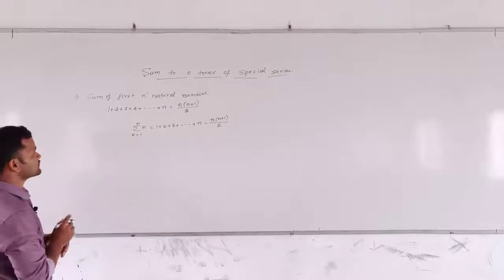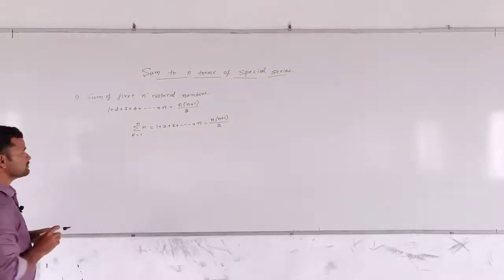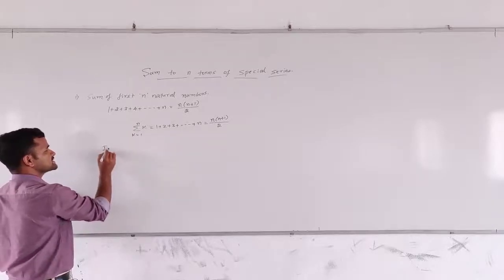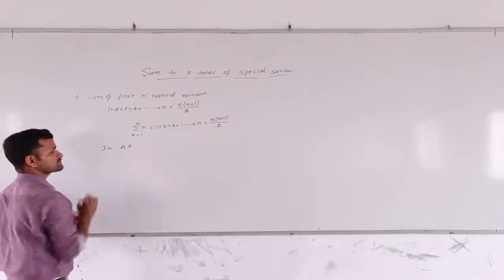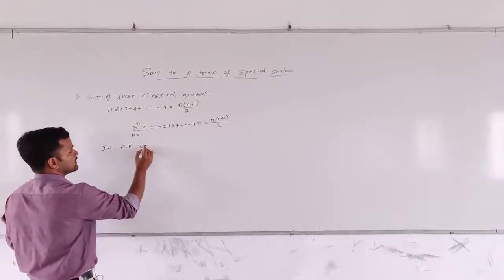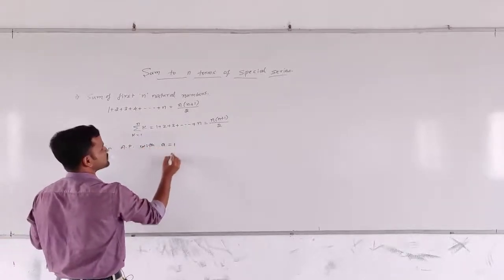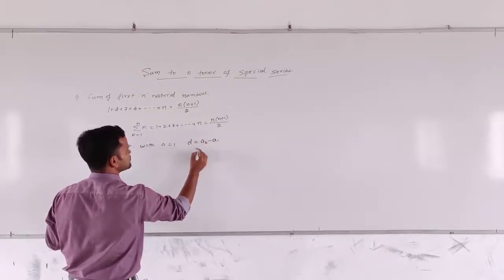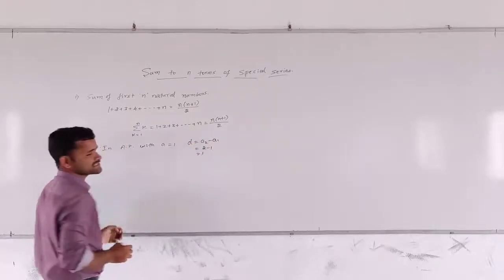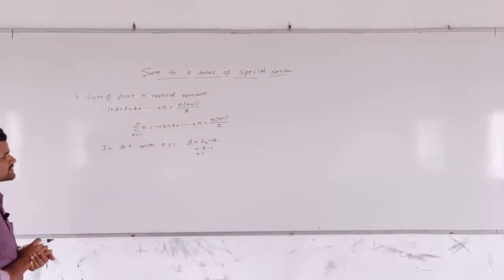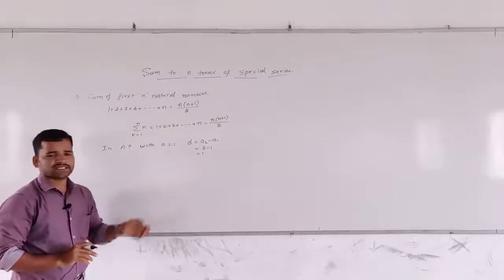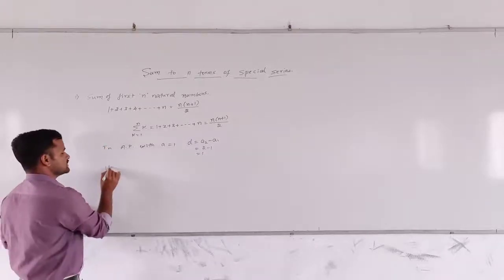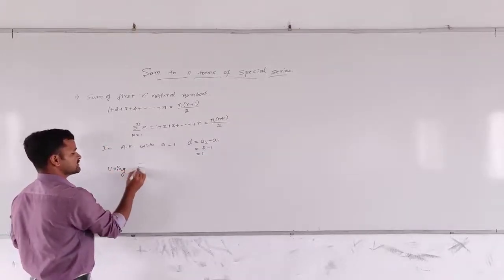Okay, we are going to derive this one. This is very simple. See, 1 plus 2 plus 3 is in arithmetic progression with first term a is equal to 1 and common difference d is equal to a2 minus a1, 2 minus 1, 1. Common difference is equal to 1 and first term a is equal to 1. We are taking the sum of all these. Use the Sn formula.